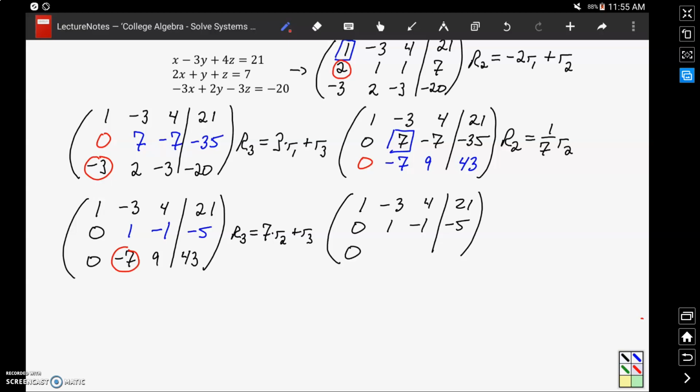So we'll get 7 times positive 1 in row 2 added to negative 7 will give us that 0 that we're after. And then our remaining values will become 2 and 8.